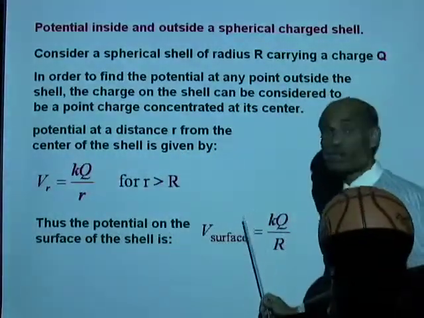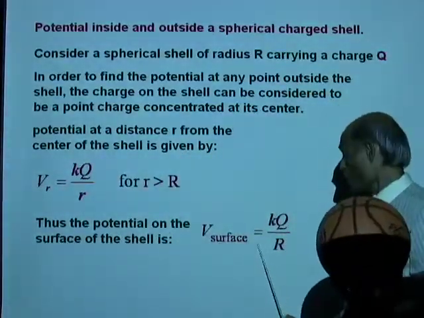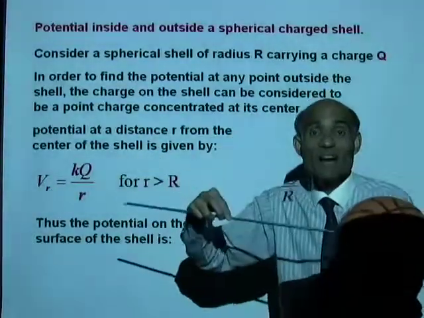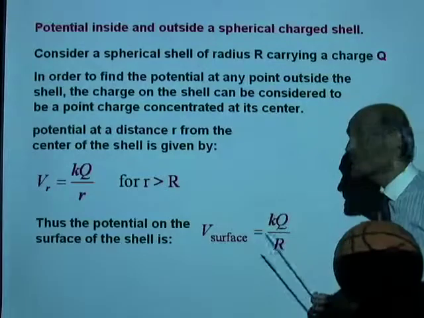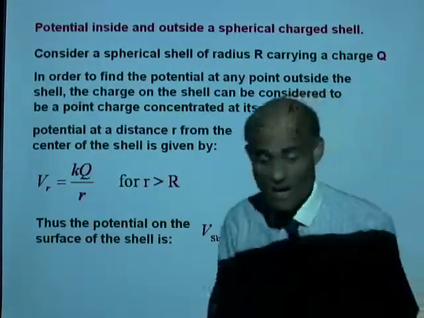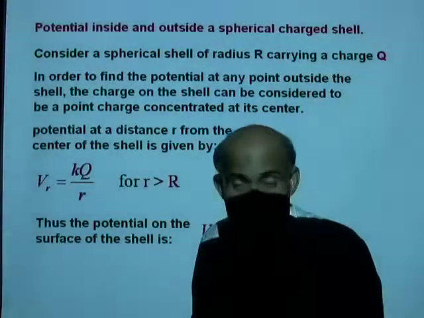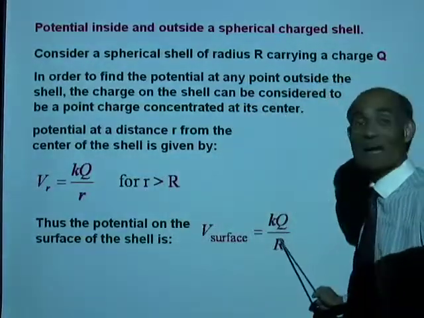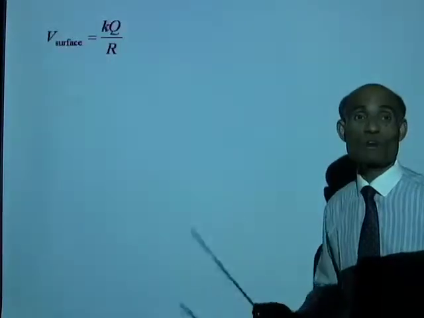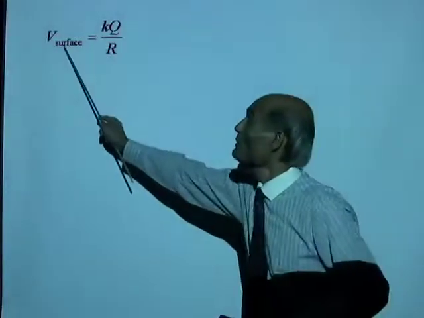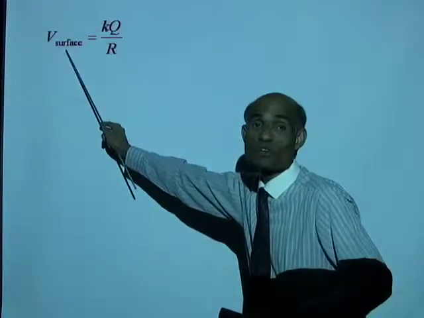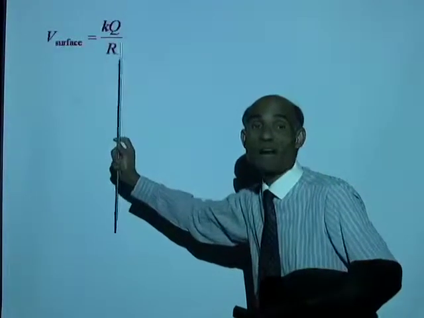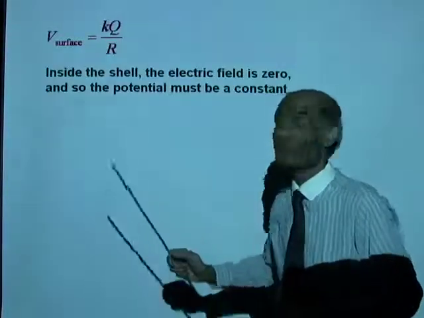So the potential at any point on the surface and at any point inside the shell will be kq over r. The potential at any point inside will be a constant, which is the same as the potential on the surface. So the potential on the surface of a charged sphere is kq divided by its radius.